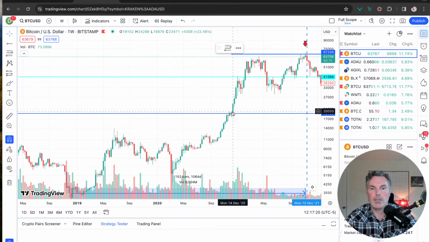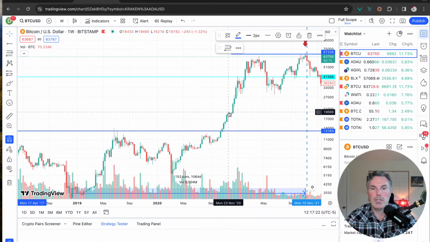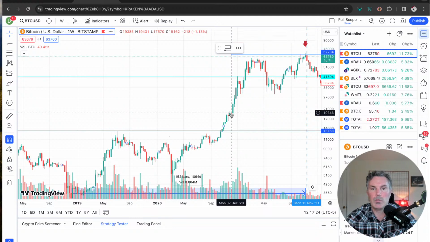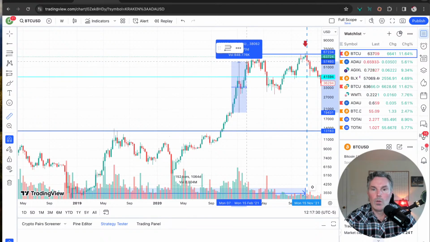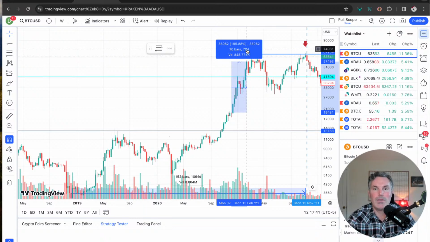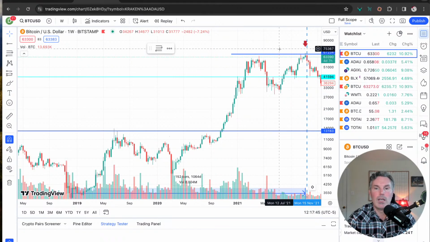And let's see how long that took. I'm going to move this line down a little bit to get out of my way so I can use the price measurement tool effectively. Every time you move this. Okay, so it goes roughly 200% in 10 weeks, so 70 days. That's a massive rise.